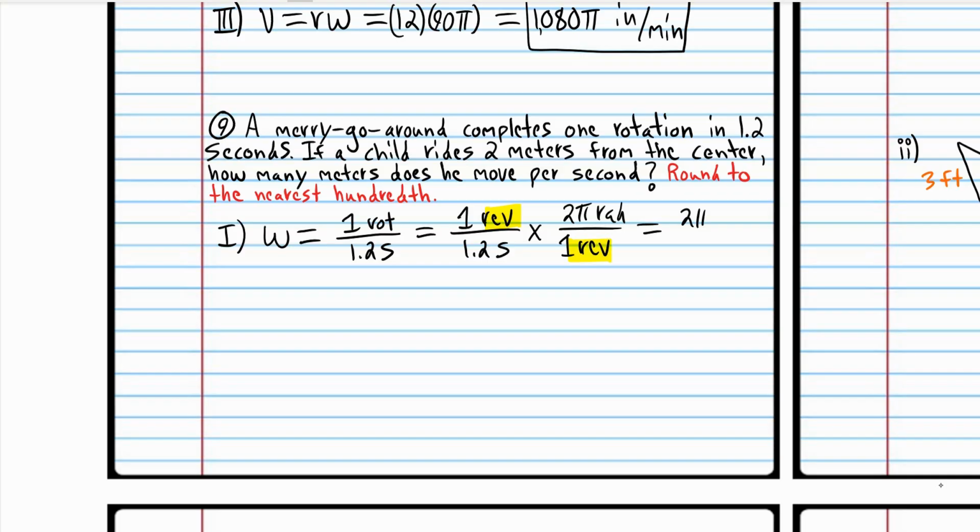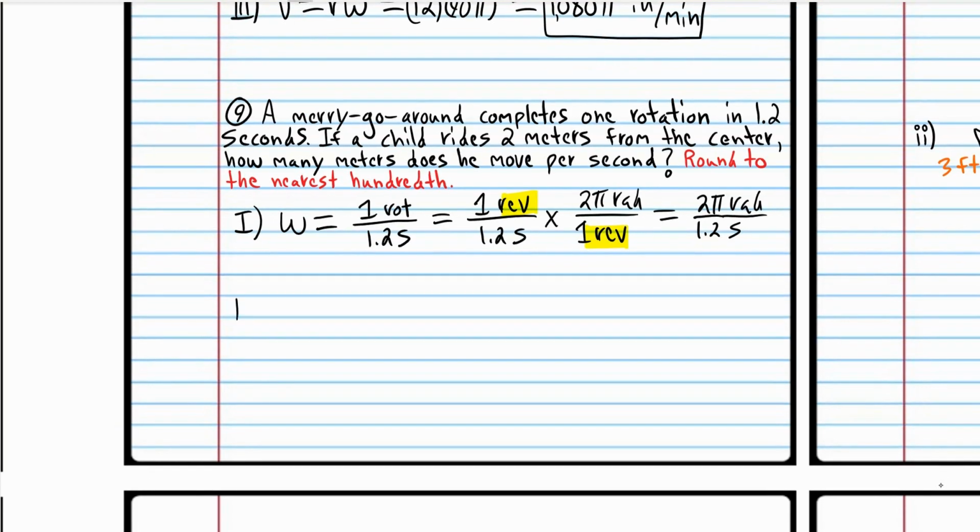So we have 2 pi over 1.2 seconds, 2 pi radians over 1.2 seconds. Now we could use our calculators to find this in decimal form, but it's probably best to leave them for now so we don't have round off error.